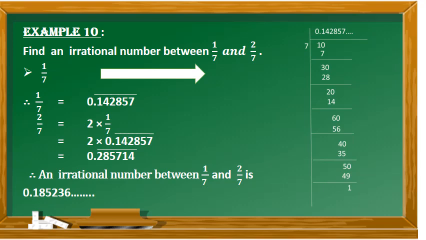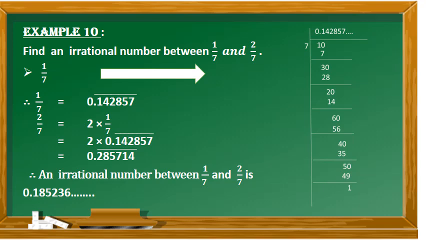Next, 2 by 7 can be split as 2 into 1 by 7, which is equal to 2 into 0.142857 bar, which when multiplied gives us 0.285714 bar.